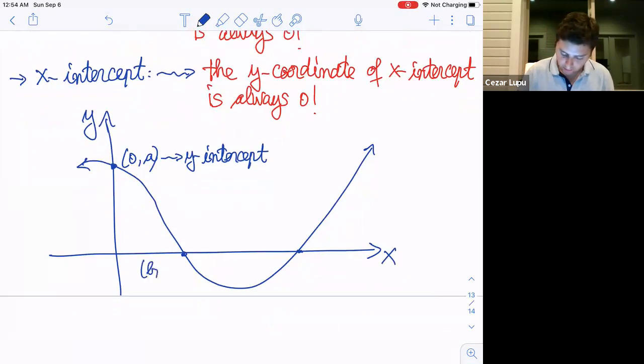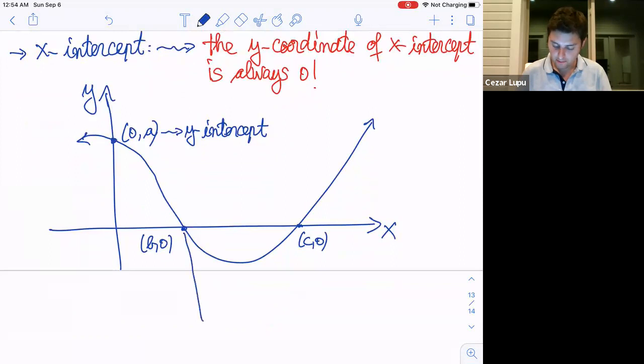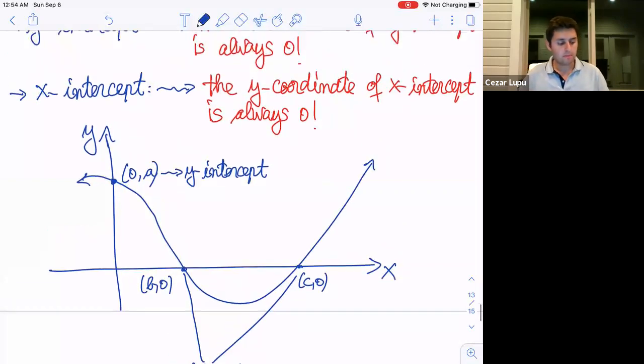Let's say this will be of coordinates b, 0, and this will be of coordinates c, 0. So this is how we find them. There are examples, we can look for them in my notes.